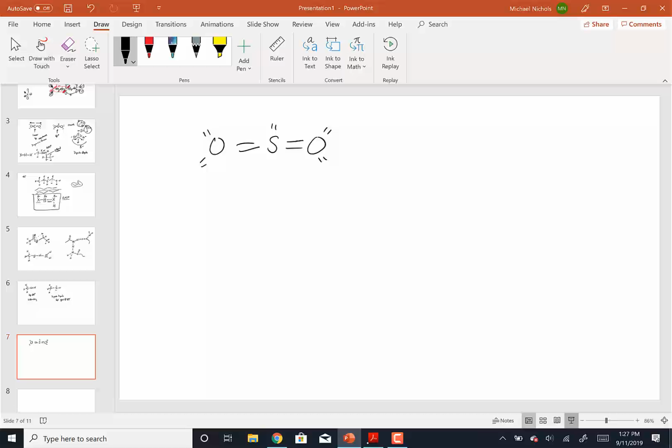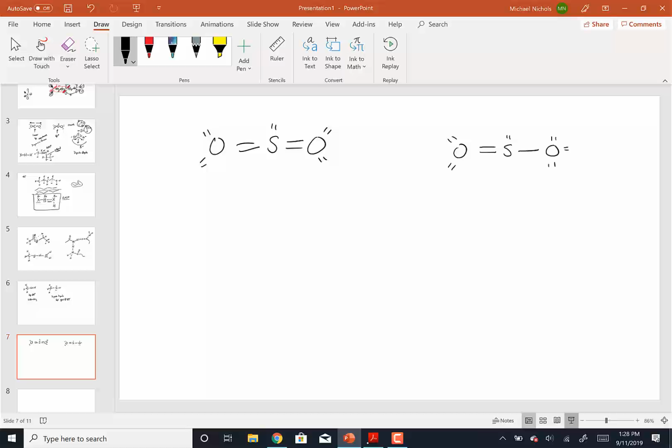No? What did you get different? I put a single bond between the second oxygen and the sulfur. Okay, and what was over here? Double bond. Okay, 2 lone pairs on oxygen, 1 pair on sulfur, and 2 lone pairs.